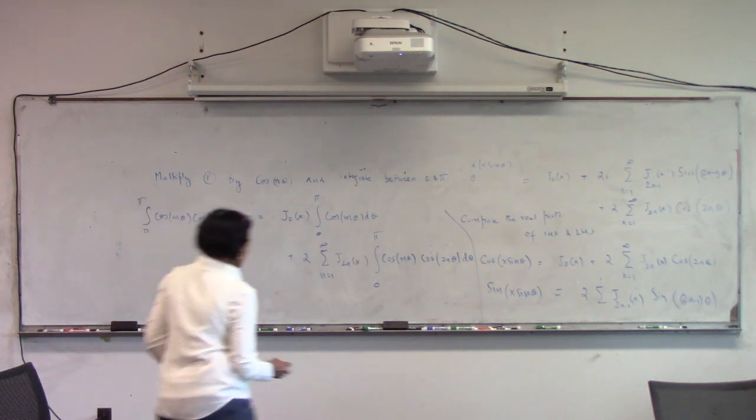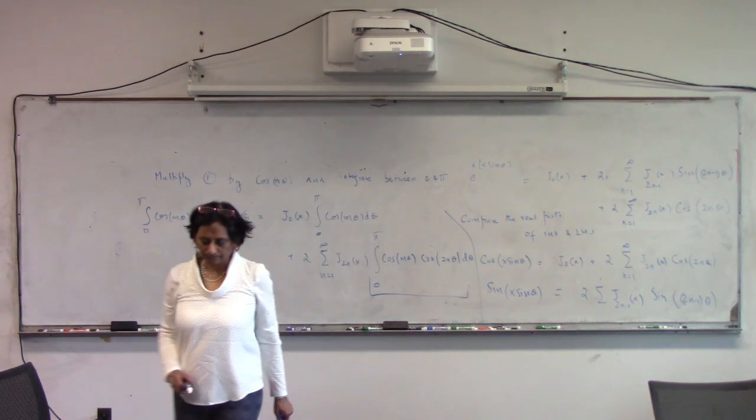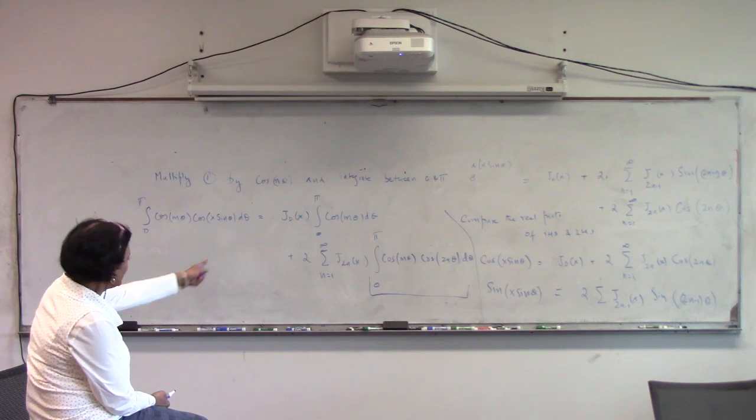What happens to this? It looks like cosine A cosine B. What is 2 cosine A cosine B?